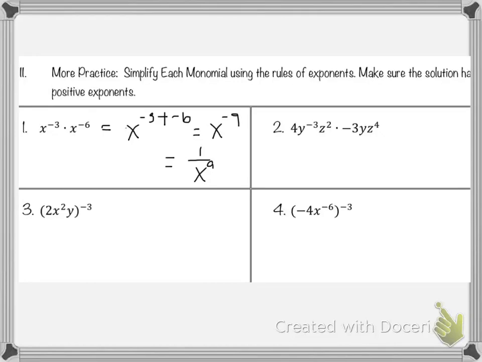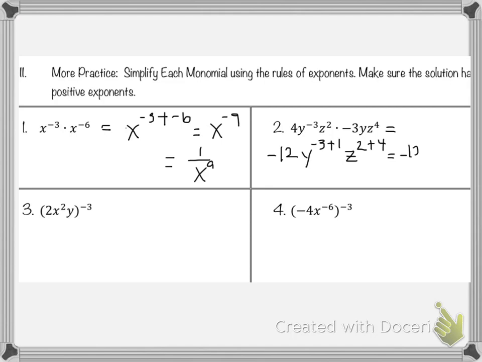Number 2, here we would multiply, so 4 times negative 3 is a negative 12. So that would be a negative 12. Okay, y to the negative 3 plus 1, z squared plus 4.